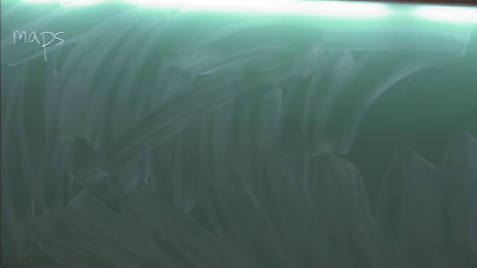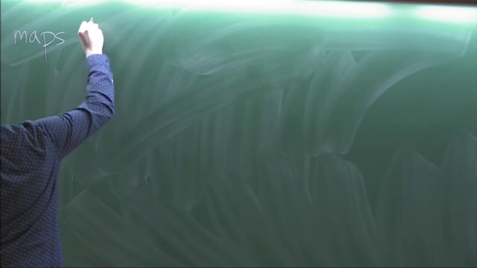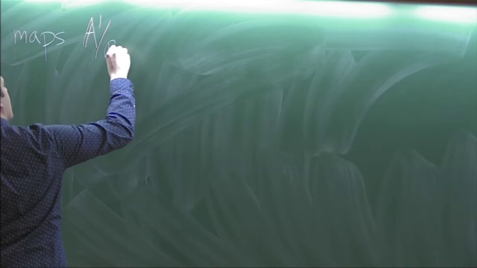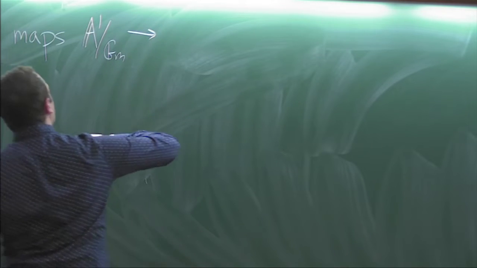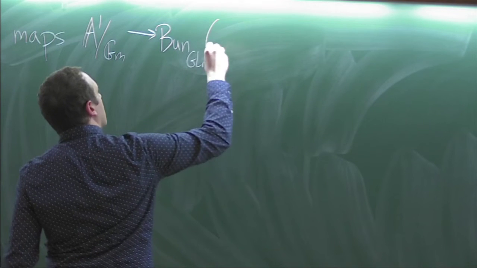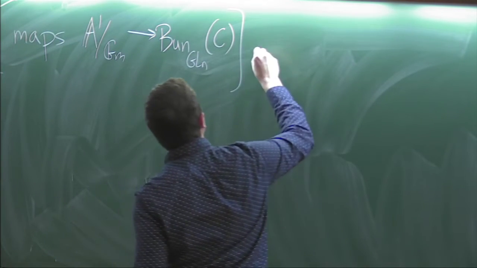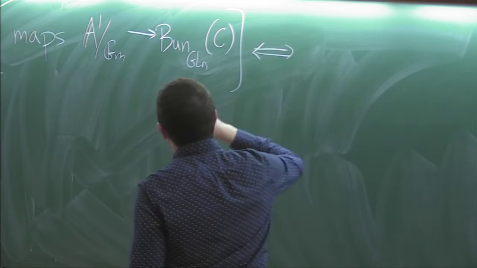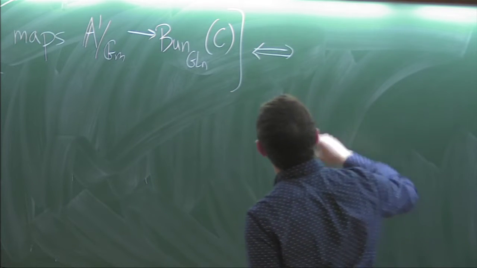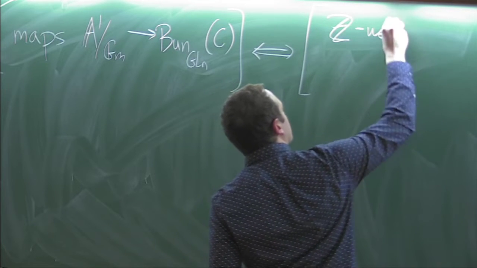I said BGL_N is the stack that parameterizes vector bundles. So that's just a map from the quotient stack A^1 mod G_m to Bun_GL_N of the curve. This is equivalent to the category of Z-weighted filtered vector bundles.